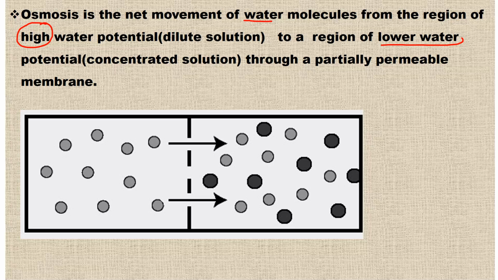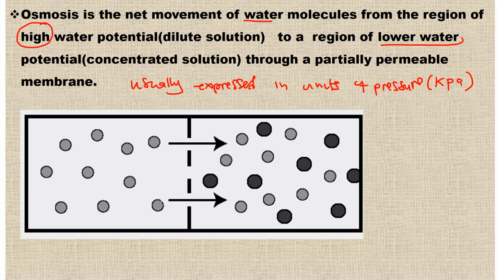Now, very important that you understand here. Water potential is usually expressed in units of pressure. You know that pressure is measured in pascals, but here we use kilopascals. Why am I bringing this up?